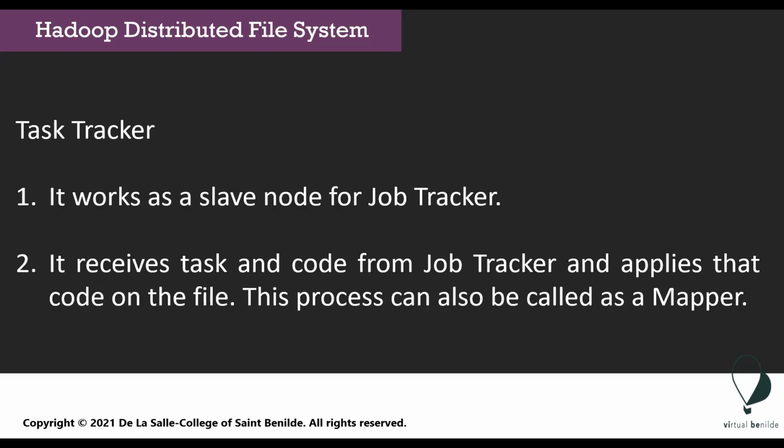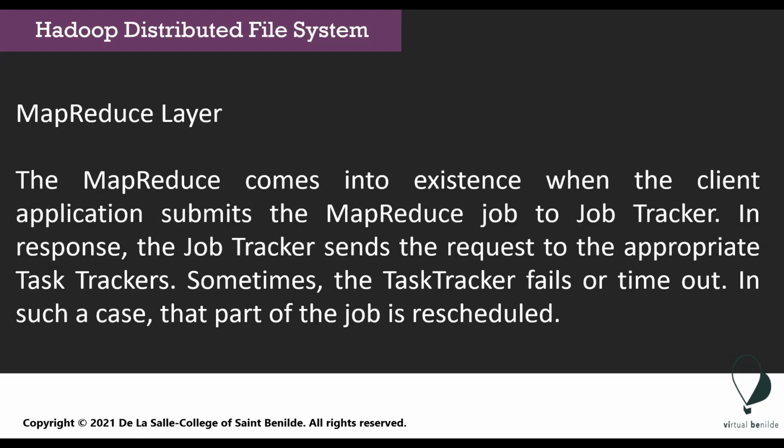So this is the task tracker. Okay, so this is the MapReduce layer. The MapReduce comes into existence when the client application submits the MapReduce job to the job tracker.